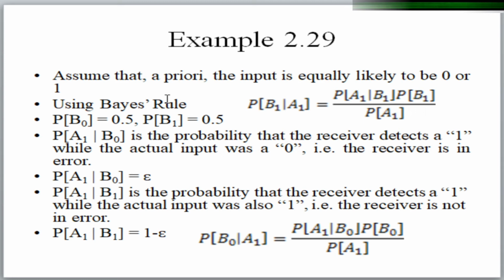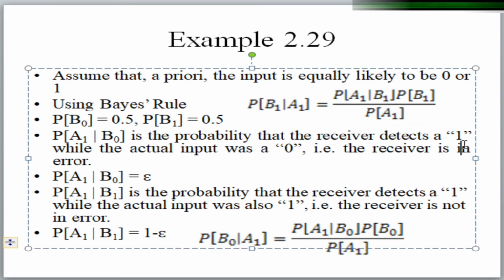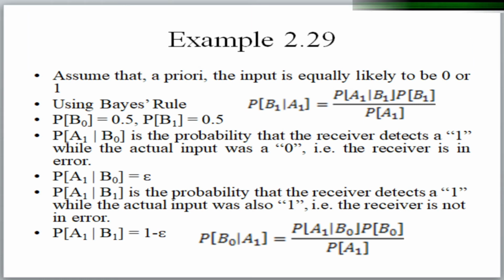Similarly, 0 and 1 have equal probability of being sent. So using Bayes theorem, we have this formula. This is the Bayes formula. So what is the probability that we sent 1 given that we have received 1?